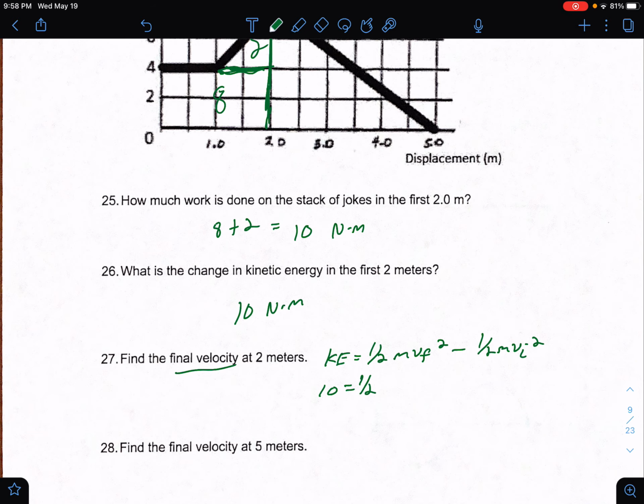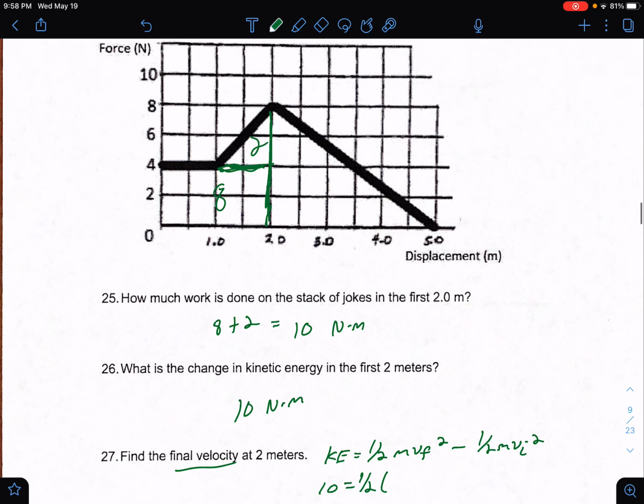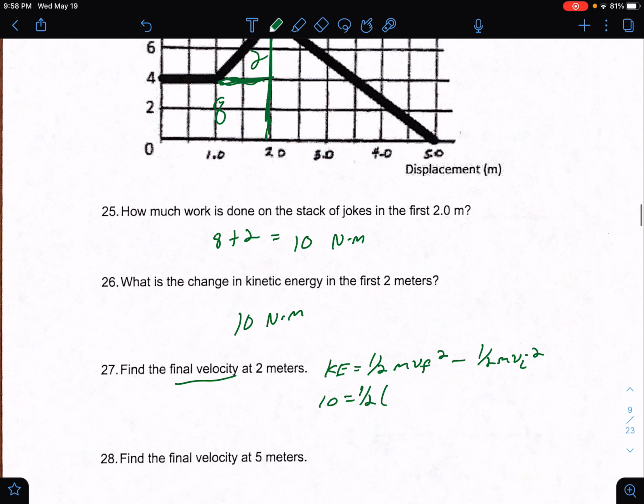So it's going to be 1/2 my mass, which was 3 kilograms. Final velocity I don't know, so I'm going to leave it as VF squared. Minus 1/2 my mass, which is 3. And my initial velocity was 5, and that is squared. So you're going to get VF by itself, so it's going to take a little bit of algebra there. If you do it correctly, you should get a final velocity of 5.6 meters per second.